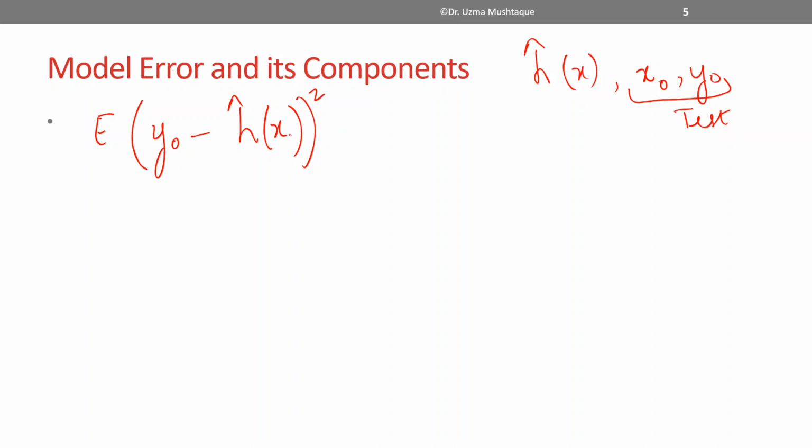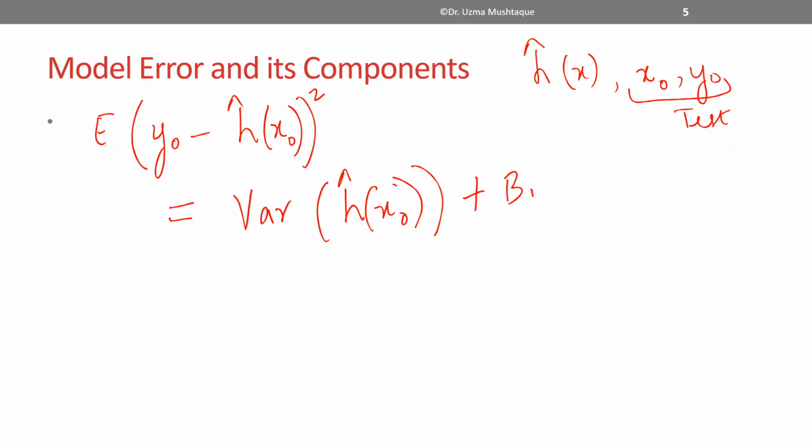So this is what we've been doing until now. Mean squared error is essentially this, and it has three important components. I'll come back to this in some time, but just to let you know, it has a variance component, which checks the variance of my fitted model. And this, by the way, has to be at x0, because I'm testing with the test point, so for all test data, essentially.